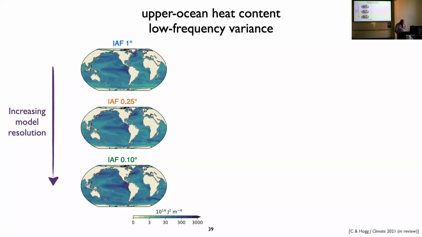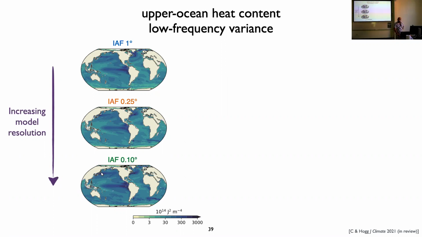Or if you go into the North Atlantic, where the blob was at the beginning, things are changing. Or in the North Pacific, again, things are changing. So more resolution, finer scales of motion, you see more variance at decadal timescales.